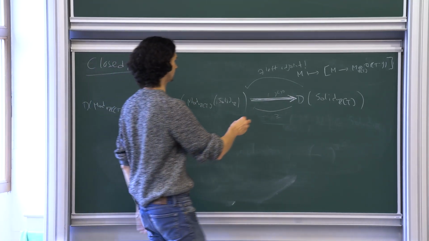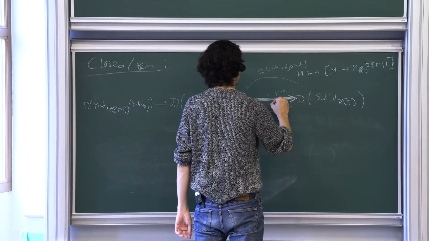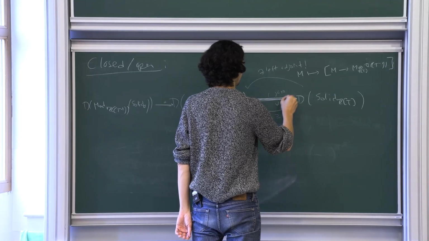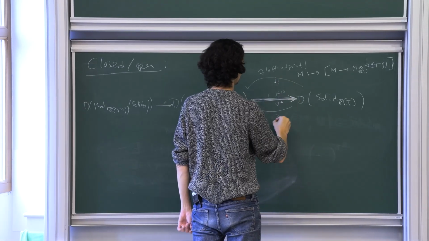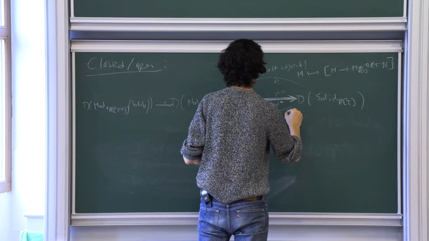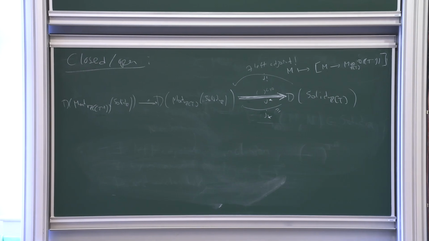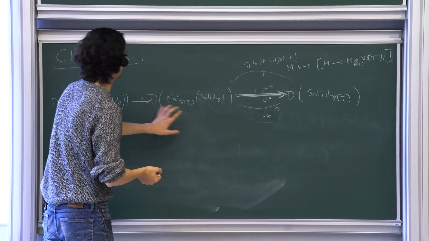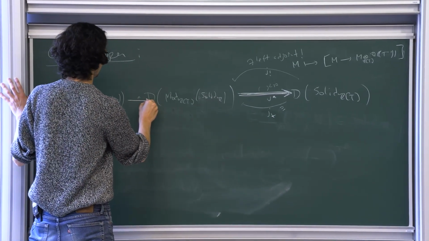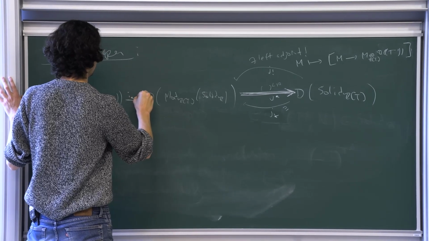So this is better. And I'm going to call this one j upper star, and this one j lower shriek, and this one j lower star, this inclusion here. And on the other hand, for here, we have this functor here, which I'll call i lower star, the inclusion there.